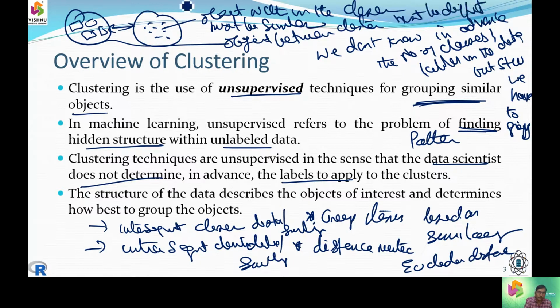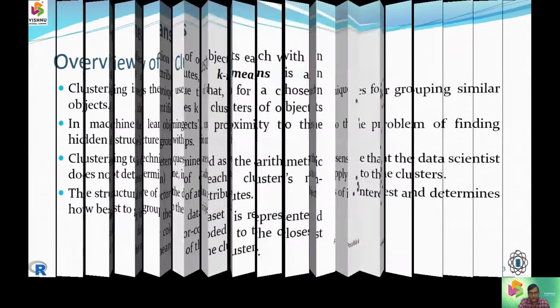Within a cluster we call it intra, and between clusters we call it inter. So this is the overview structure of how to determine the number of groupings, or the best groupings, within the clusters.